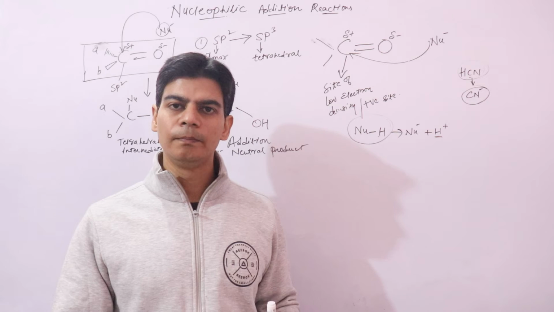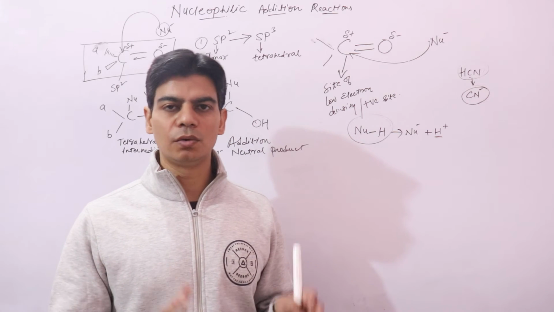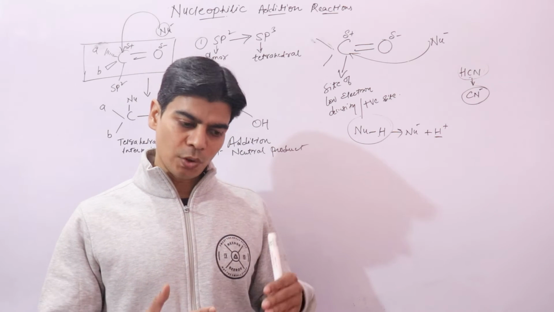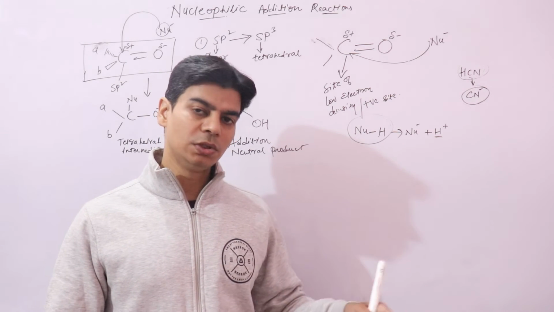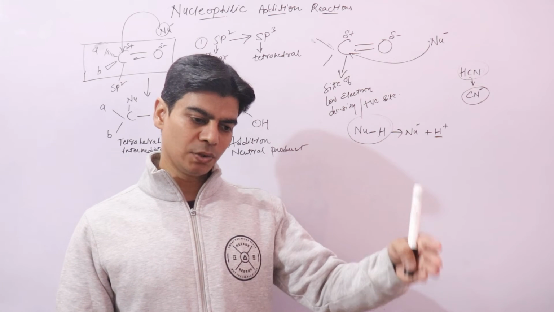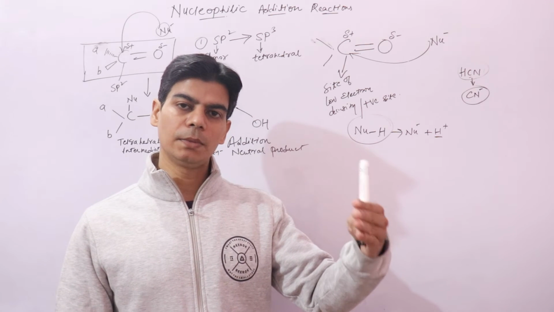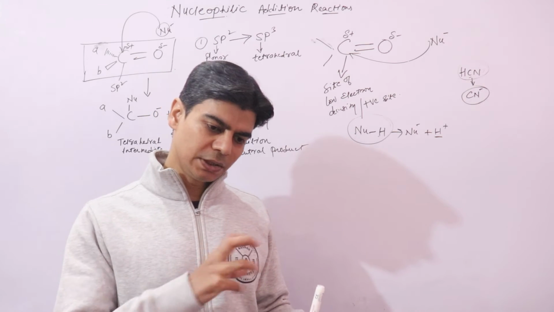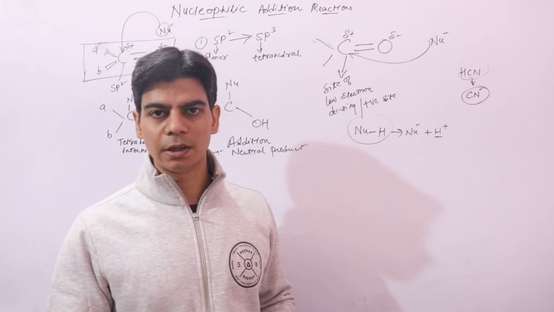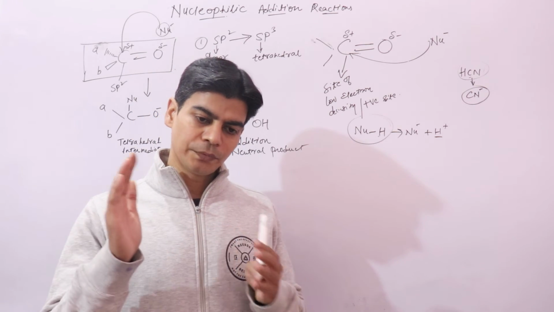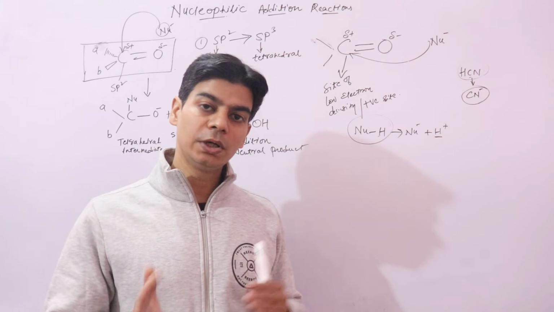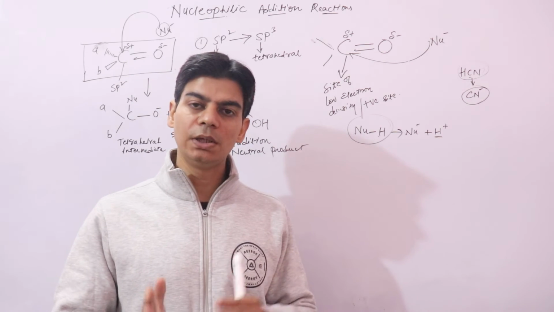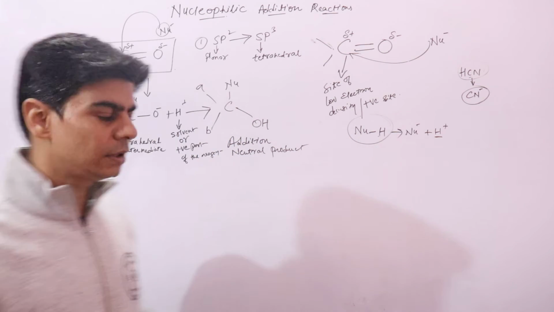Ammonia, alcohols and amines are all weak nucleophiles. So when you have a weak nucleophile, you need an acid catalyst. What will the acid catalyst do? It will increase the electrophilicity of the carbonyl carbon, so that the nucleophile will easily attack your carbonyl carbon.